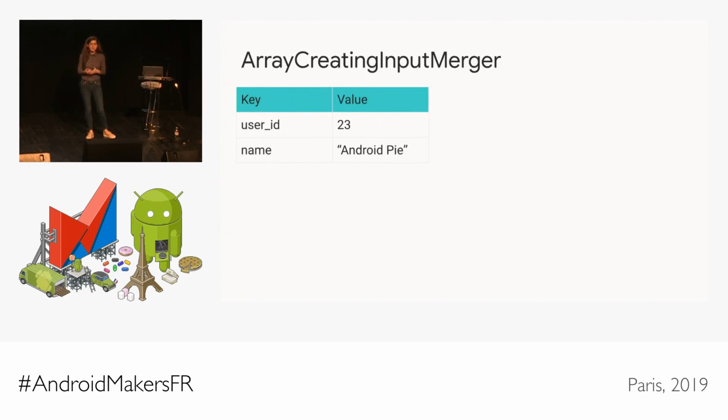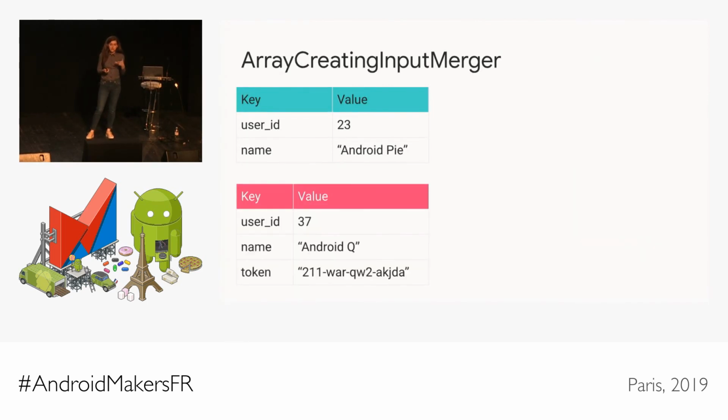Let's check what's happening behind the scenes for the ArrayCreatingInputMerger. So let's say that we have two tasks, green and pink. We have key values, and for the first one we have user ID and name, int and string, and for the second one we have user ID, name and token, int and two strings.